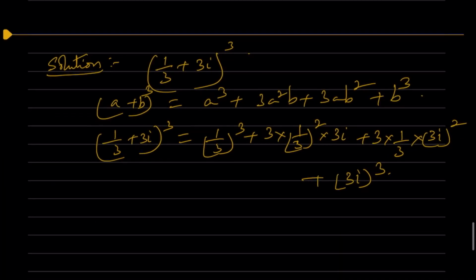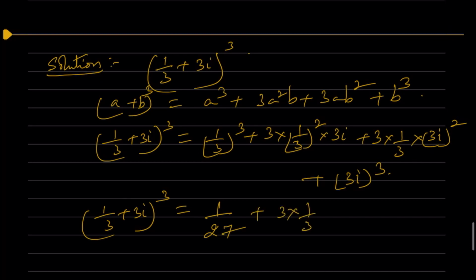So (1/3 + 3i) whole cubed is equal to 1/27 plus 3 into 1/3 into 1/3 into 3i. So this 3 and this 3 will get cancelled, plus 3 into 1/3 into 9 into i square, plus 27i cubed.